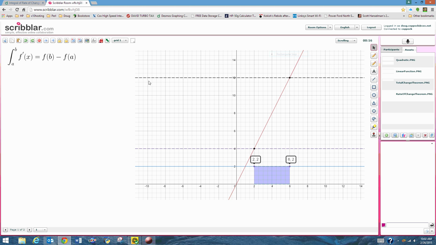Now what we're going to do is use a specific example here to see if we can understand exactly what's happening.